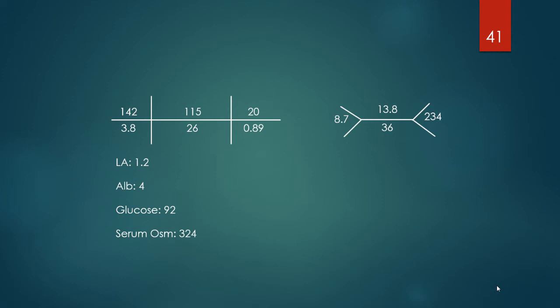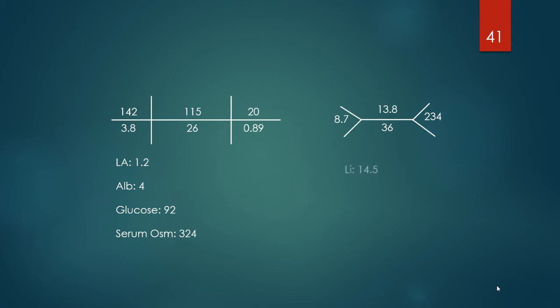It's only 142. So just for the sake of it, if I calculate his anion gap, it's 1. What toxins or diseases can cause low anion gap? Because 1 is low, right? Normal is 8 to 10.